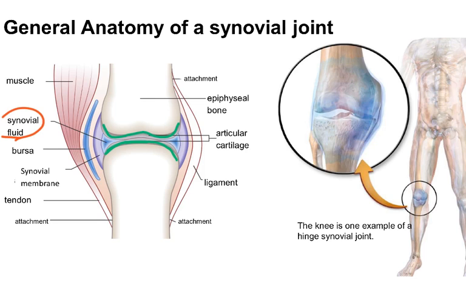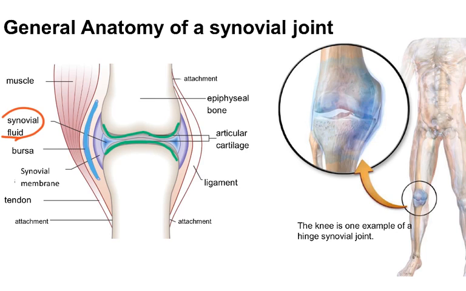In the knee, there are fluid-filled connective tissue structures called bursa that reduce wear and tear on the muscle. So we find these between muscle and bone, sort of as a padding. There are ligaments, right?